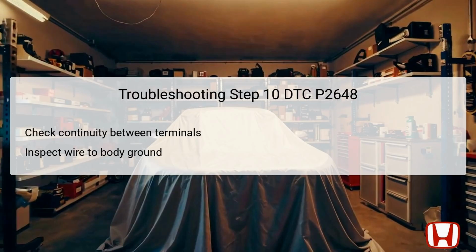In Step 10, the technician checks for continuity between PCM connector terminal B35 and body ground. This assessment verifies whether the wiring between the PCM and the rocker arm oil control solenoid A is intact. Continuity indicates that electricity can flow through the wire without interruption, which is critical for proper solenoid operation.